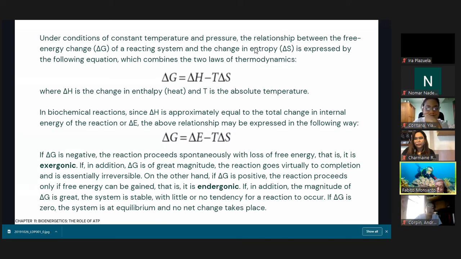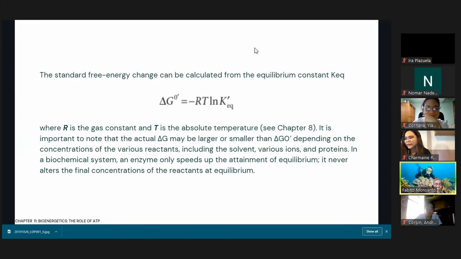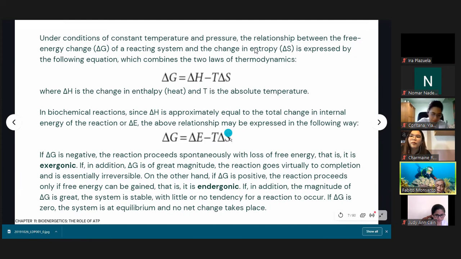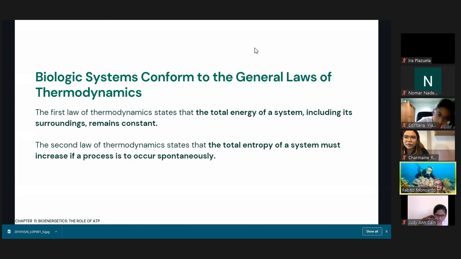Now, let's go back. Again, we cannot measure this. So what are we going to do? We go to this one.